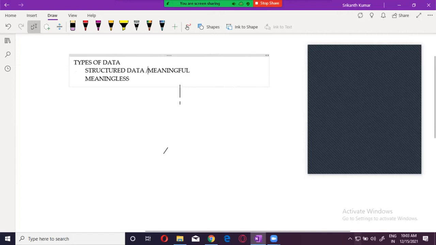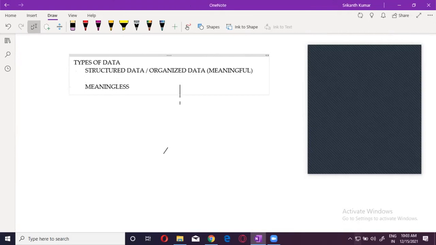It can be called structured data and it can also be called organized data. Meaningless data is unstructured data, or unorganized data. Remember this, guys.